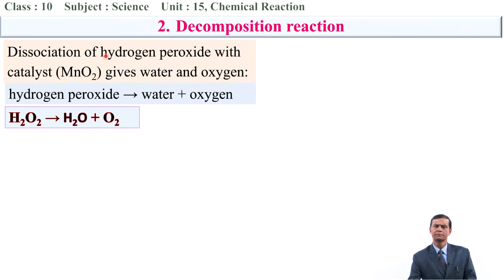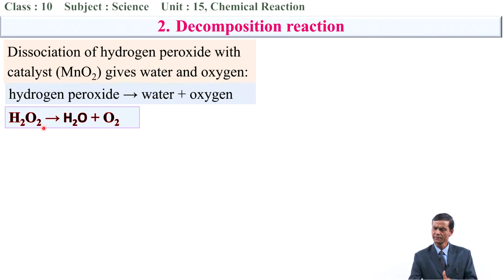So, this manganese dioxide is a catalyst which is used to produce oxygen gas without heating, isn't it? Look at it. It gives water plus oxygen. Hydrogen peroxide is decomposed in the presence of manganese dioxide catalyst and gives water plus oxygen.